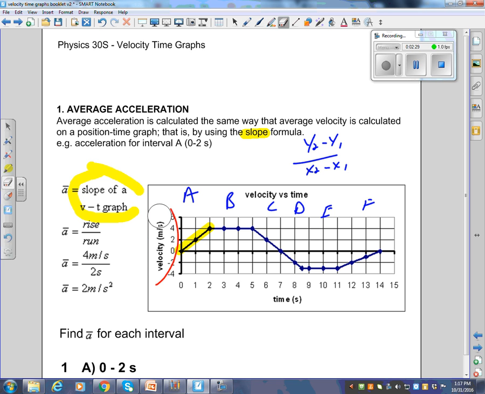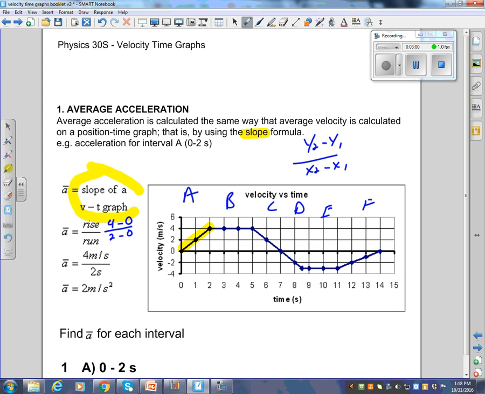So what is our value for y2? This is x2, y2. Our value for y2 is 4. So it's going to be 4 minus, what's our y1? 0. Right? 4 minus 0. And here are the x's. 2 minus, what's the x here? 0.